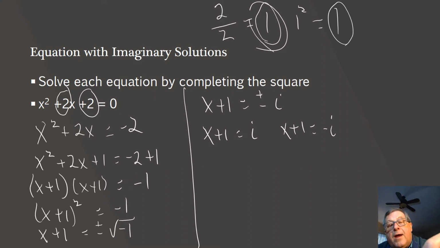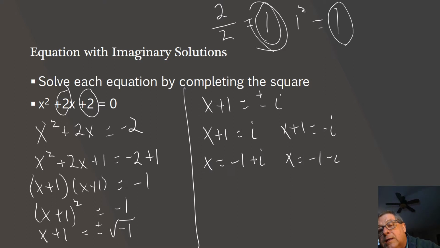And we're going to subtract 1 from both sides. And so when we do, our solutions then are x equals negative 1 plus i, and on the right-hand side, we got x equals negative 1 minus i.